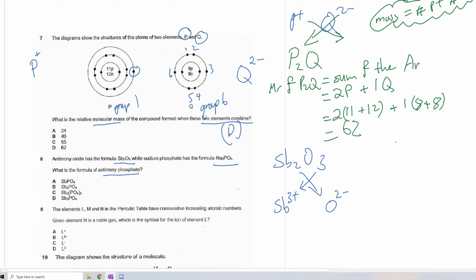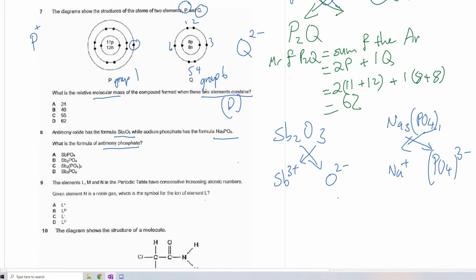Okay, for Na3PO4, PO4 is the phosphate ion, so we group them together. When we do the reverse crisscross, we will have Na plus. This makes sense because sodium is in group 1, so it forms the cation Na plus. And we have PO4 3 minus.